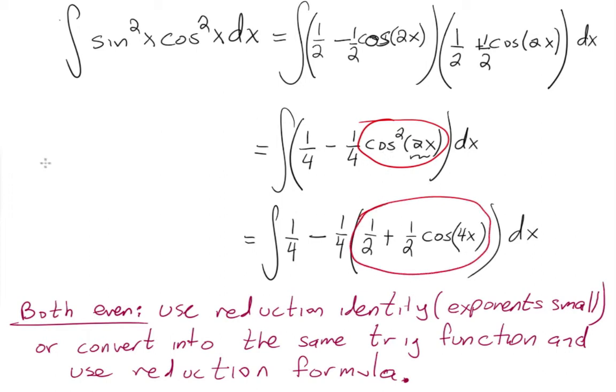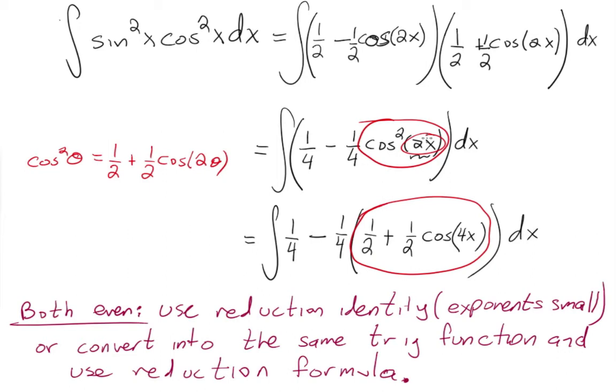So cosine squared theta is 1/2 plus 1/2 cosine of 2 theta. So whatever is inside that gets multiplied by 2. Okay, I was thinking squared. Anything else?